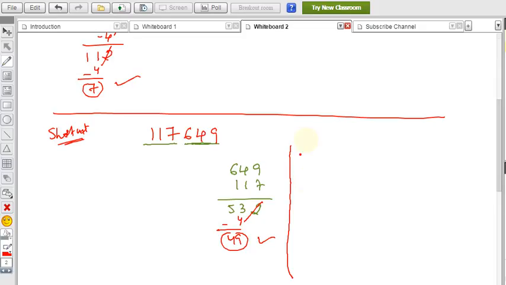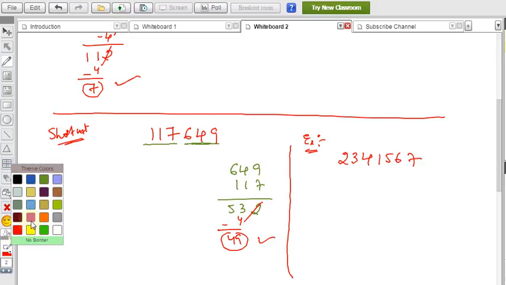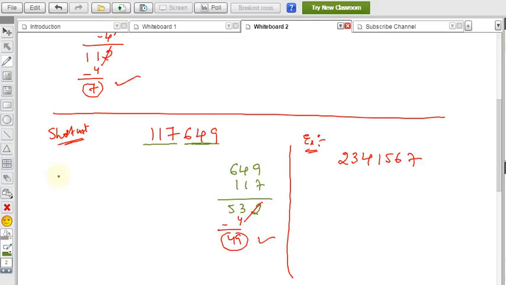We should continue the same process. Let us take 2341567. We need to check whether it is divisible by 7 or not. According to our method, take the ones, tens, hundreds places and the rest of the whole number. Now 2341 is one number and 567 is another.